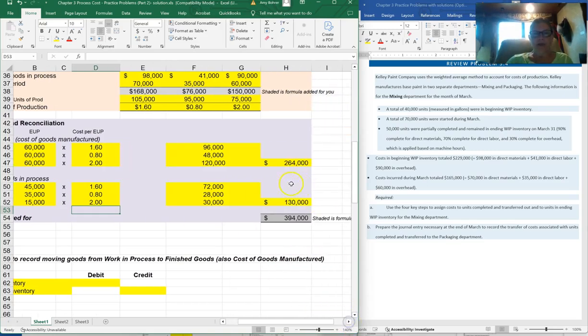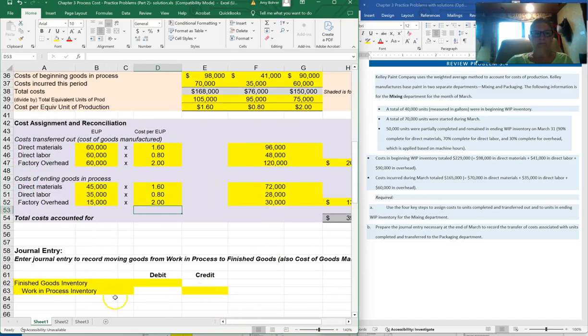So we just figured out how much that should be. $264,000 should be assigned to those 60,000 units that we need to transfer out of our work in process inventory and put into our finished goods inventory. So they're both inventories, they're both assets. So in order to increase an asset, we have to debit it, $264,000. And in order to decrease an asset, we have to credit it, right? It's still an inventory, so it's still an asset.